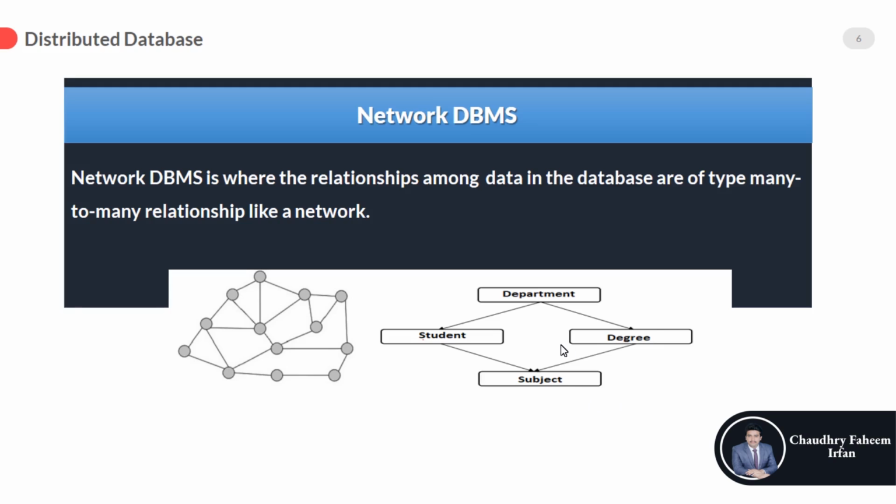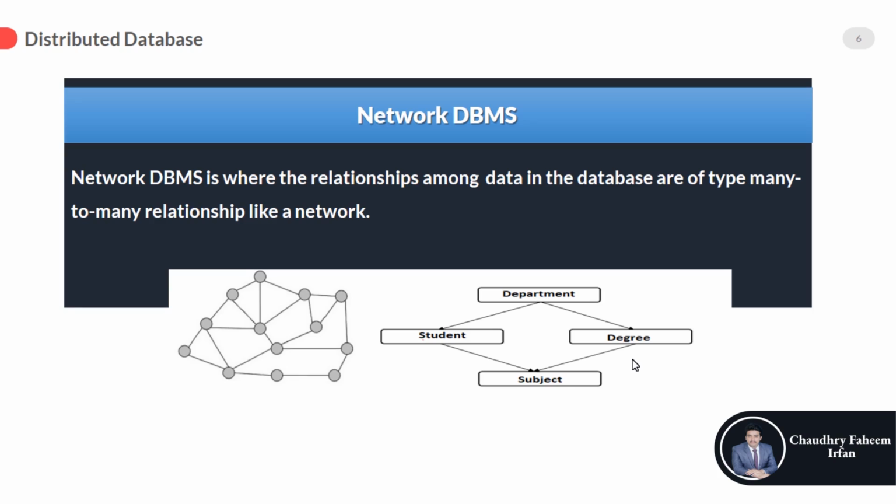So the network model is similar to the hierarchy model, but a child node can have more than one parent. Like in this example, subject's parent is student, and also subject's parent is degree. Subject has two parents, student and degree. So it is providing more flexibility than the hierarchical model.